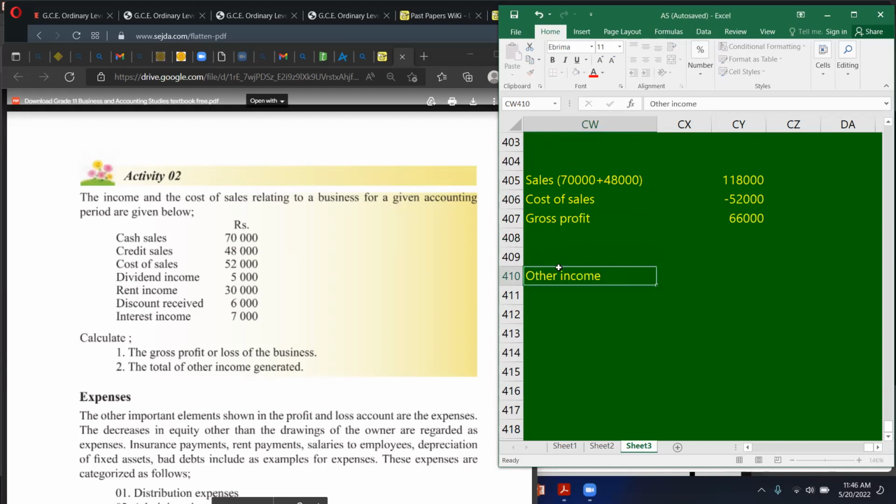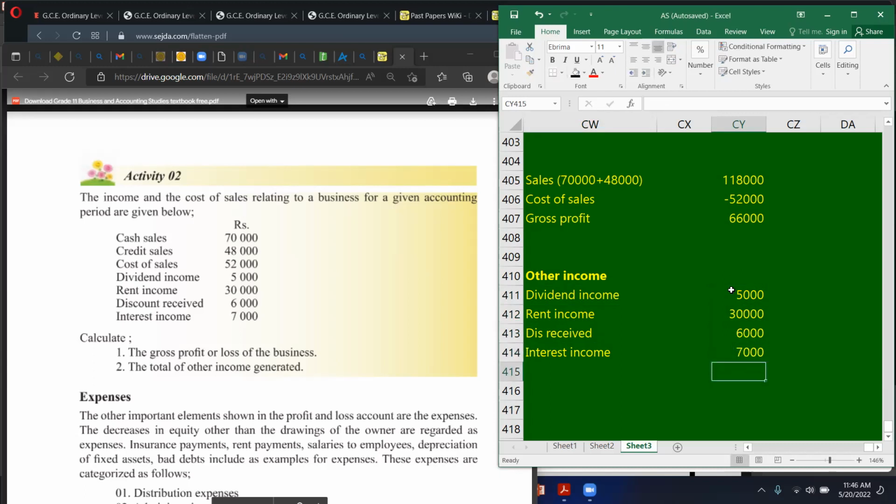Other income: dividend, rent income, discount received, interest income. Clear? Yes, sir. Good.